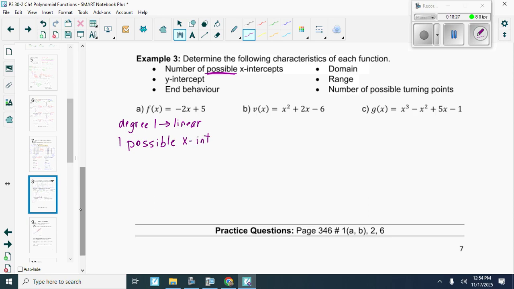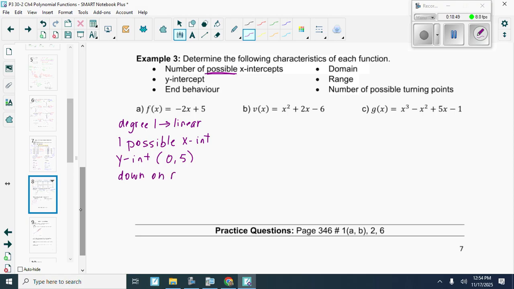The next thing, it wants to know what is the y-intercept. Give me the coordinates, someone. 0, 5. Okay. What is the end behavior? Let's start with, what does it do on the right? Down on the right because we have a negative leading coefficient.